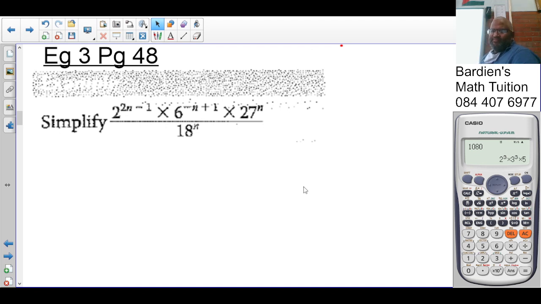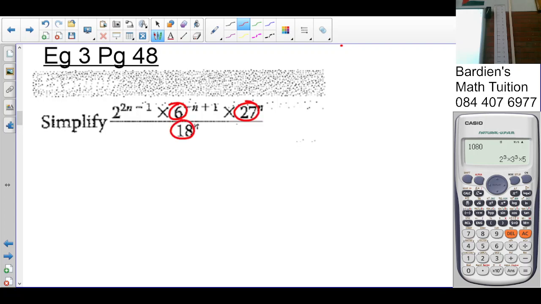No. So the sum is, simplify: 2 to the 2n minus 1 times 6 to the negative n plus 1 times 27 to the n over 18 to the n. Right, we're going to do the sum together. So what bases do we need to break up? 6, 27 and 18.